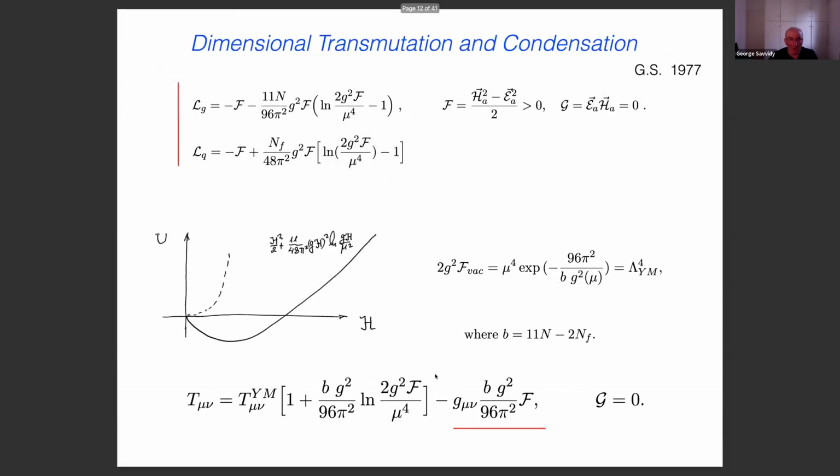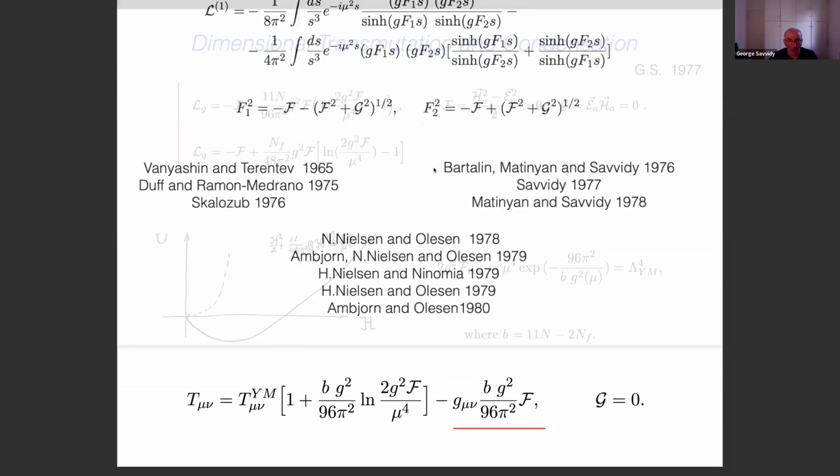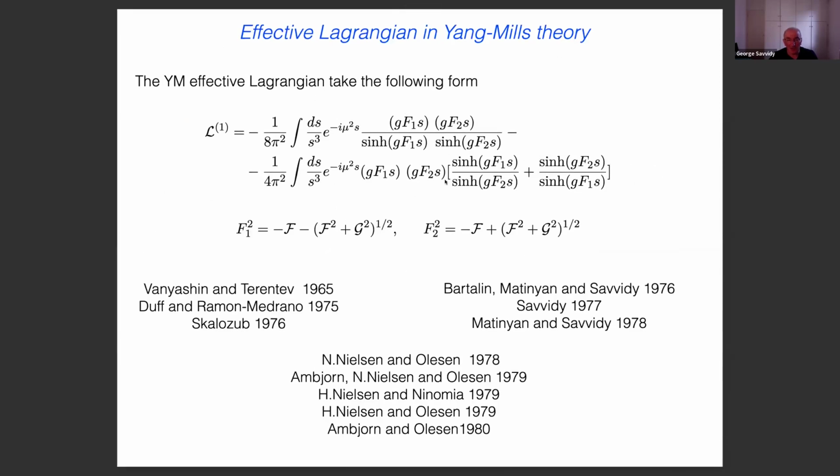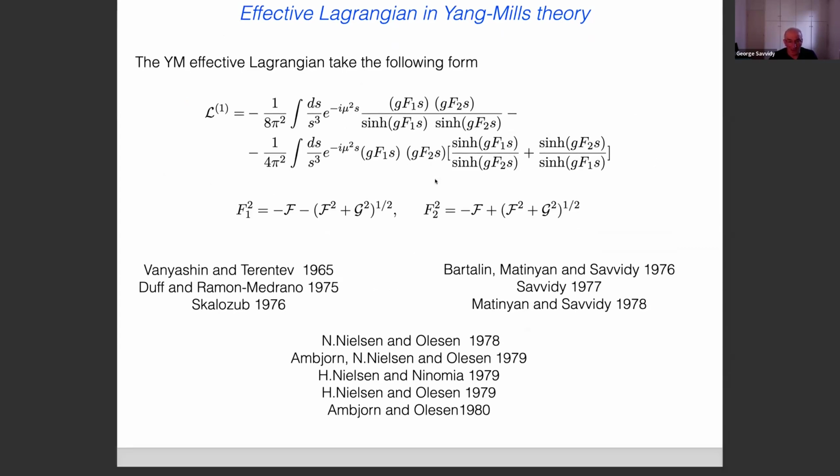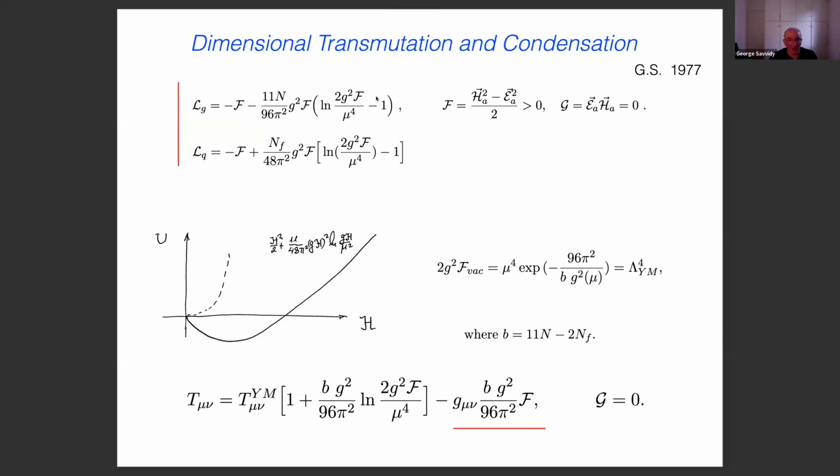So here I simply summarize the Lagrangian. In quantum chromodynamics, as you see for SU(N) theory, the effective Lagrangian expression is very complicated, but it is a miracle that using this field theory regularization I was able to integrate this exactly, and you got this result which I already showed you before.